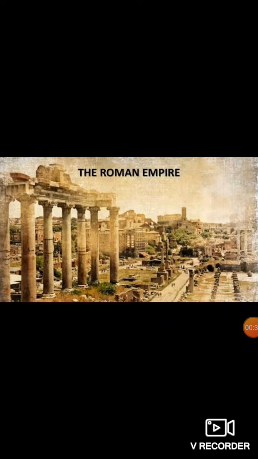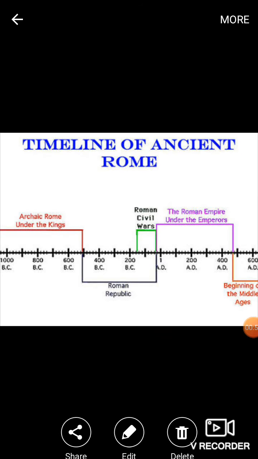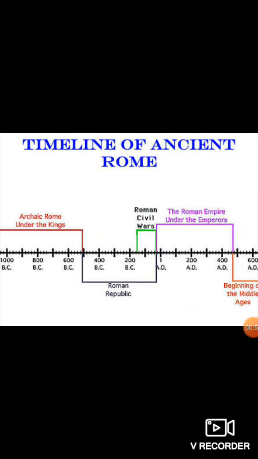When we talk about the Roman civilization, we see its beginning from the founding of the Italian city of Rome in the 8th century BC to the collapse of the Western Roman Empire in the 5th century AD. As you can see in the timeline, the first initial phase was of the archaic Rome.